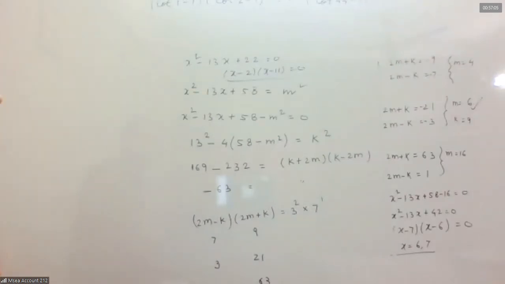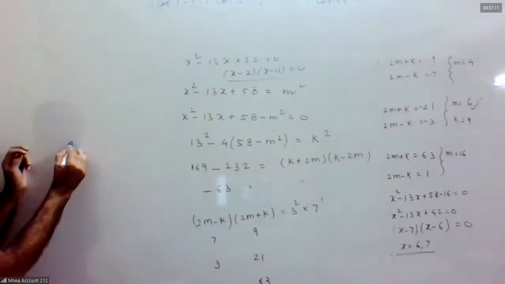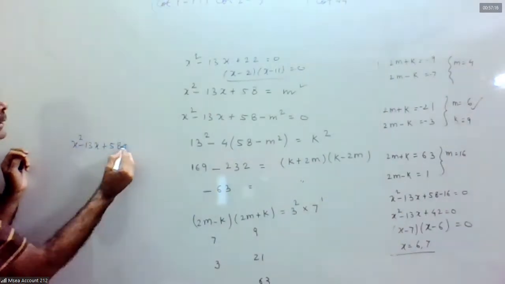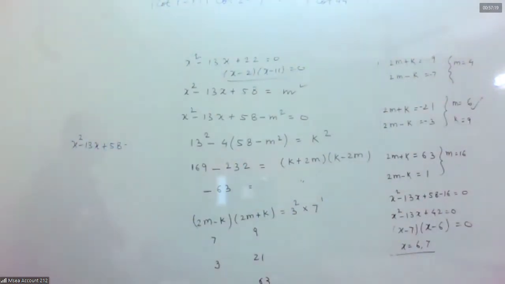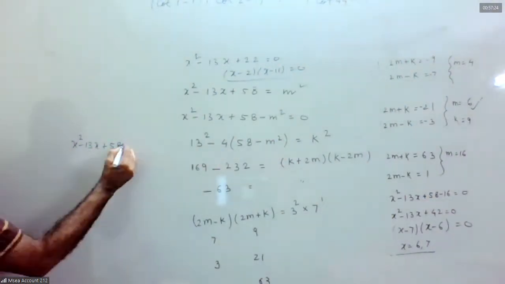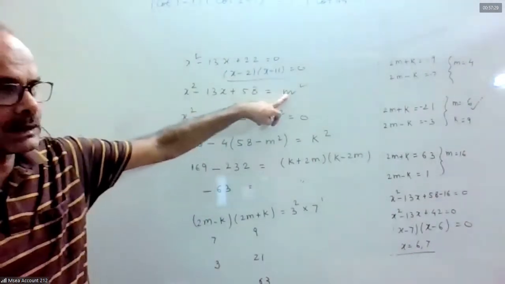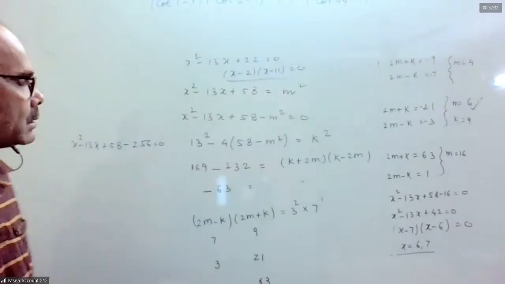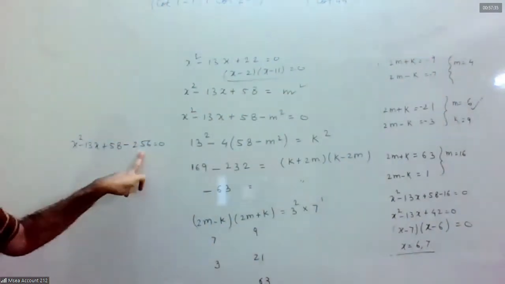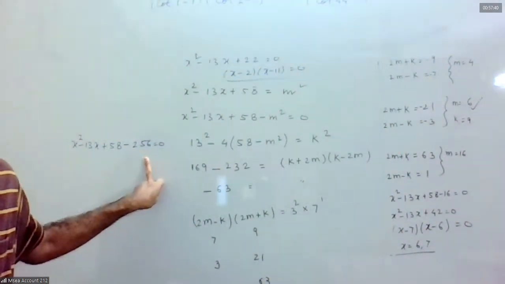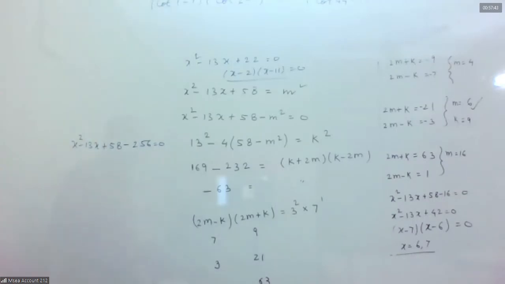Okay. Last case is m 16. For m 16, x square minus 13x plus 58 minus 16 into 16. कितना होता है? 256. Check करो. 16 into 16 is 256. अभी तक कोई नहीं बोल रहा है.